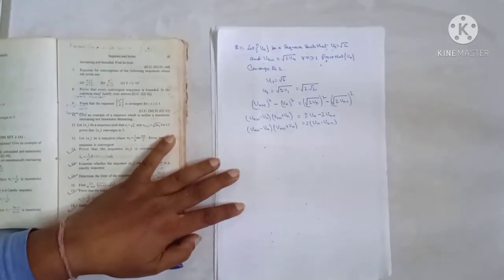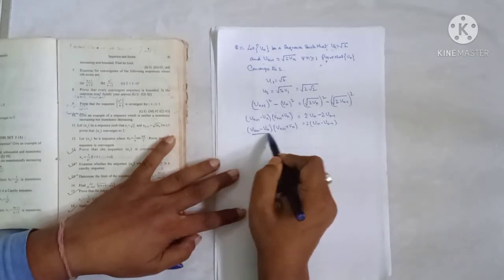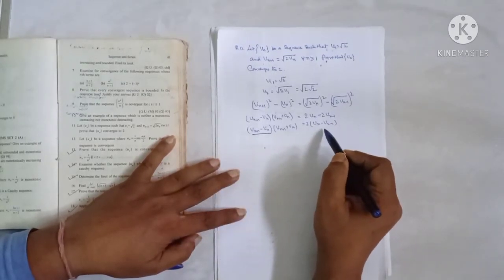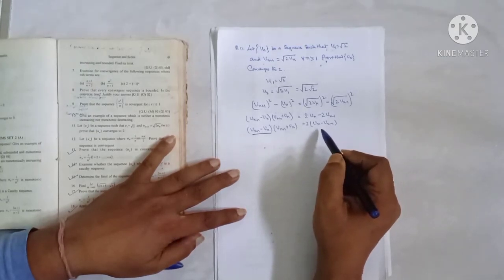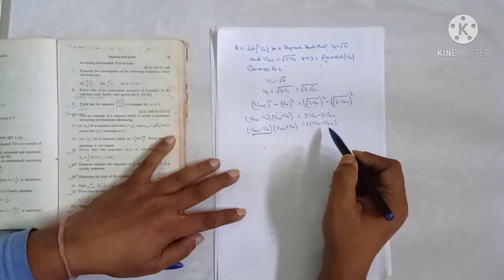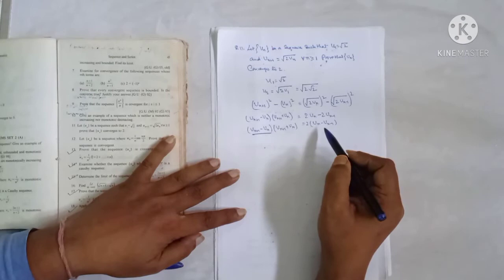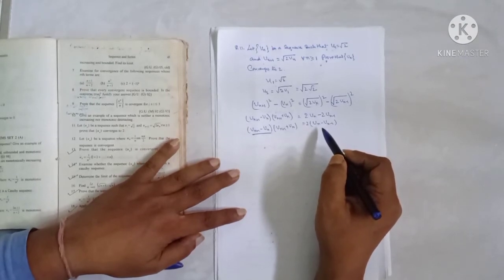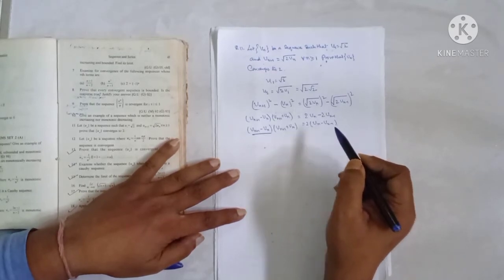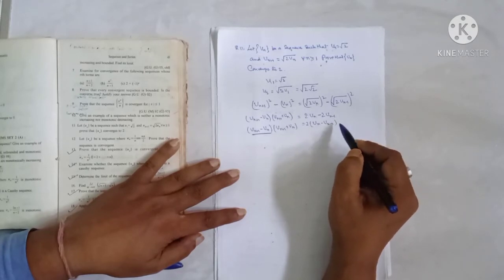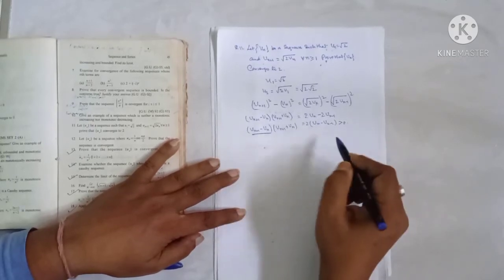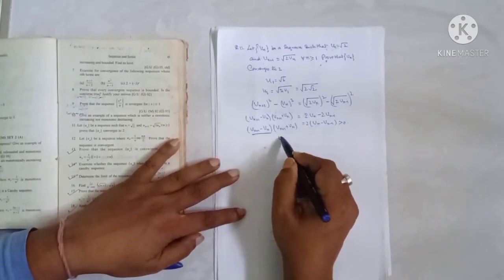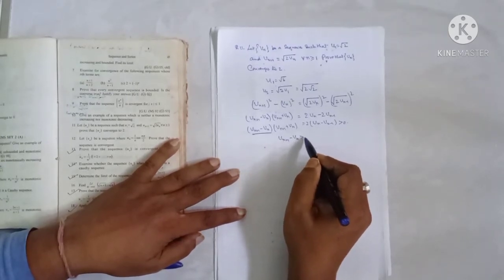Here you see, since this is greater than 0, so for this to be greater than 0, u(n+1) minus un should be greater than 0.